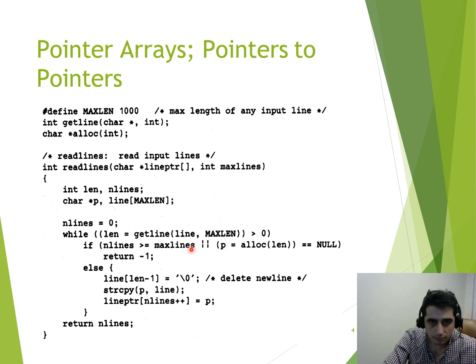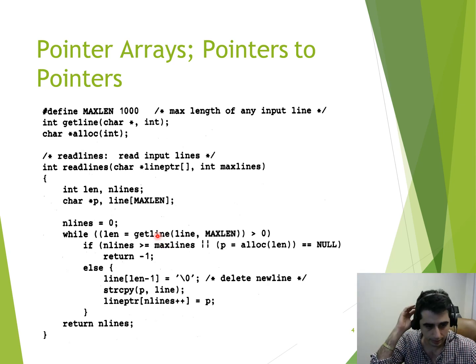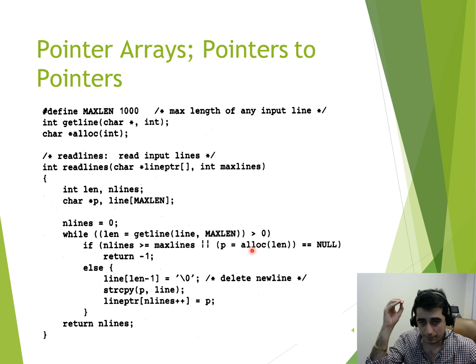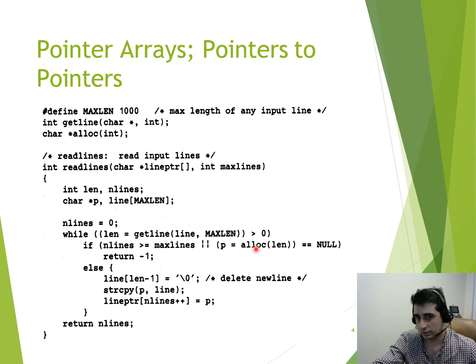And then if the number of lines exceeds the maximum, or the malloc cannot allocate more memory, let's say the memory is full, then we're going to return -1. And that's an error case.